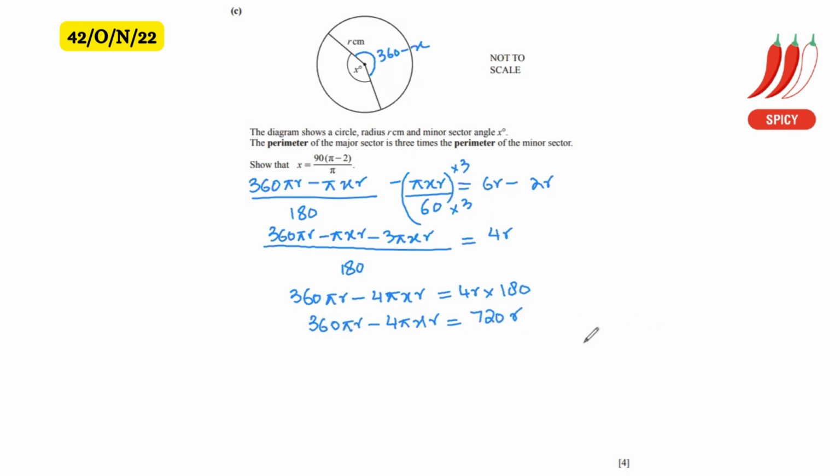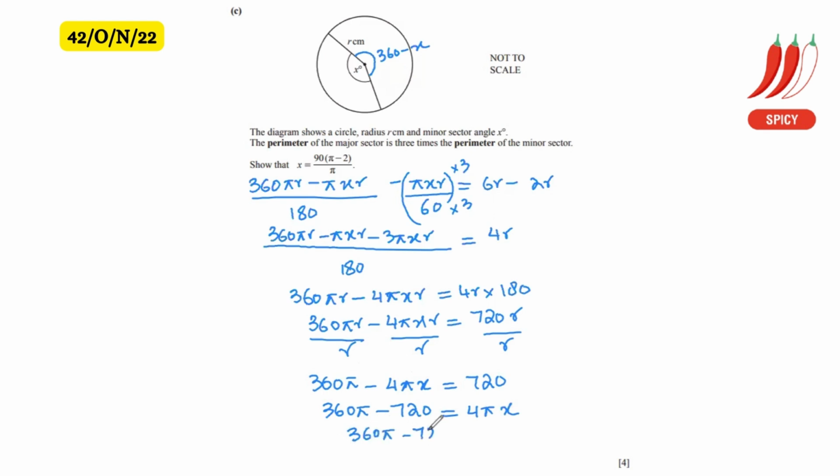All of the r's get cancelled out because each term has an r. Divide all of them by r, so it's 360 pi minus 4 pi x equals 720. 360 pi minus 720 equals 4 pi x. So x equals 360 pi minus 720 divided by 4 pi.